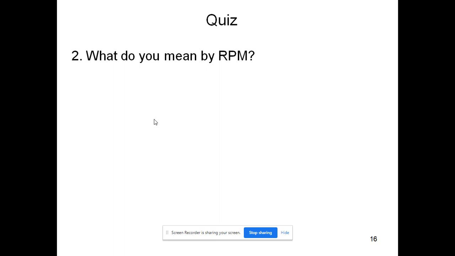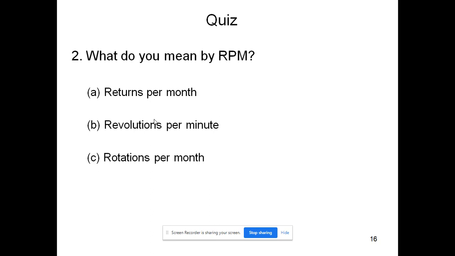The second question is, what do you mean by RPM? A. Returns per month. B. Revolutions per minute.